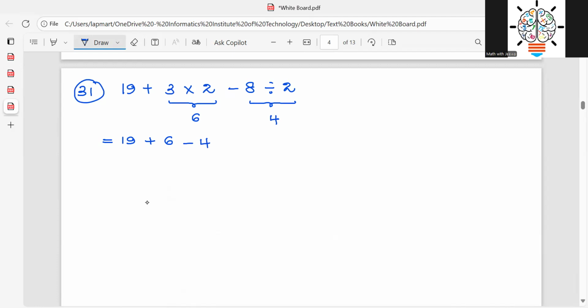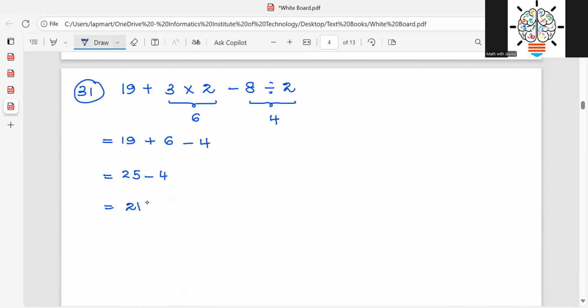So then you want to do this step by step. It gives me 25. From 25, I deduct 4. It gives me 21, right? So here I write 21.